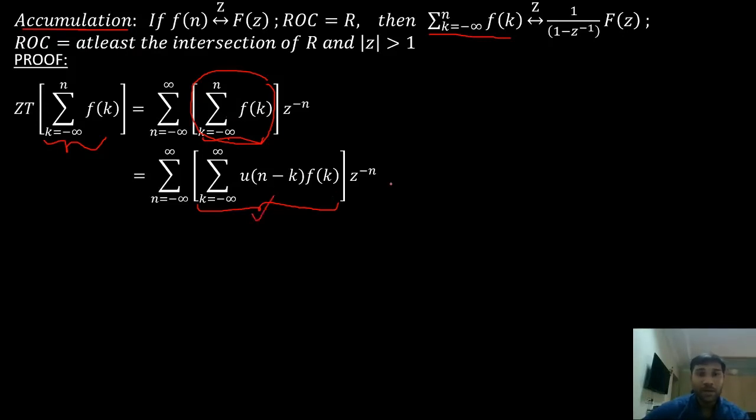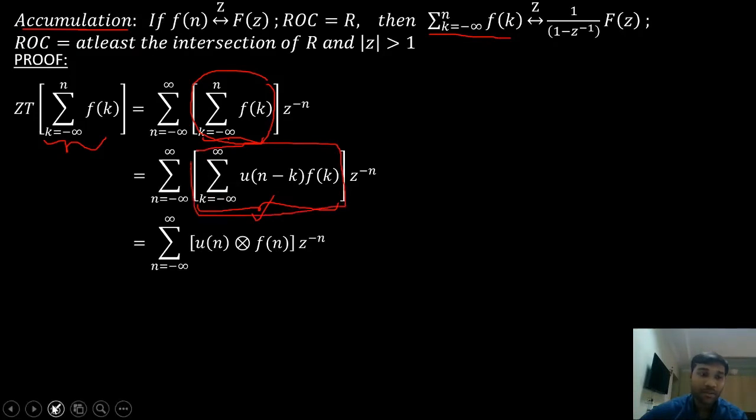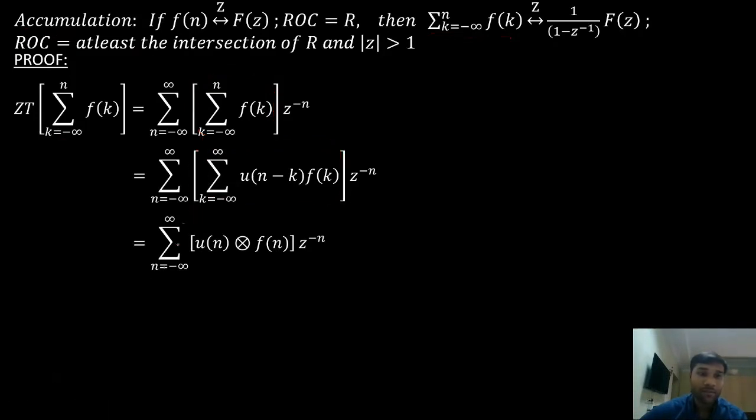Now I'm going to separate these summations. The entire term in the brackets here is nothing but the convolution summation, the discrete time summation for convolution. So that is nothing but u of n convolved with f of n.